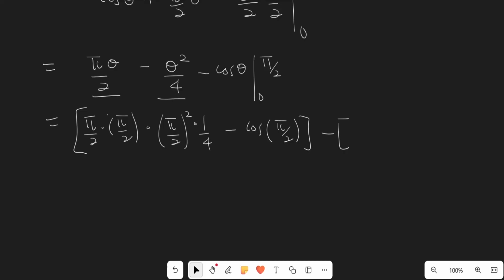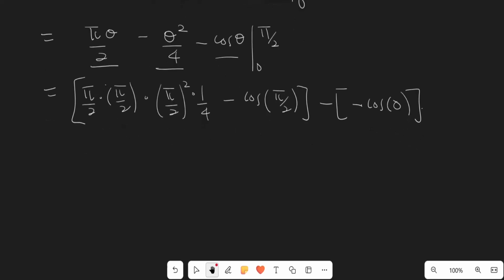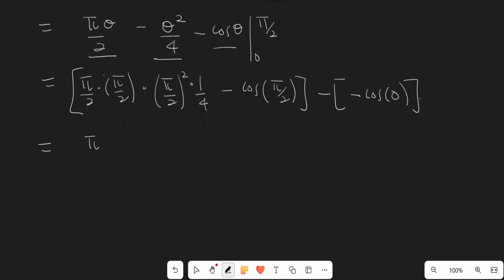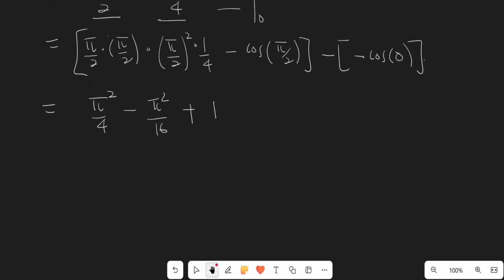And this one is minus cosine of 0. In the end, this is pi squared over 4. This is pi squared over 4 times 1 over 4, which is pi squared over 16, minus cosine of 90, which is 0, minus, so at the end we have plus cosine of 0, which is 1.